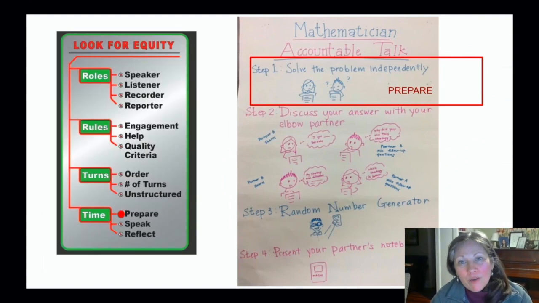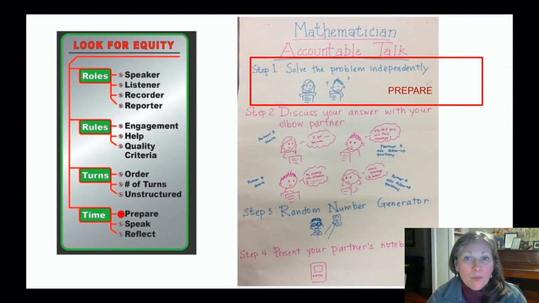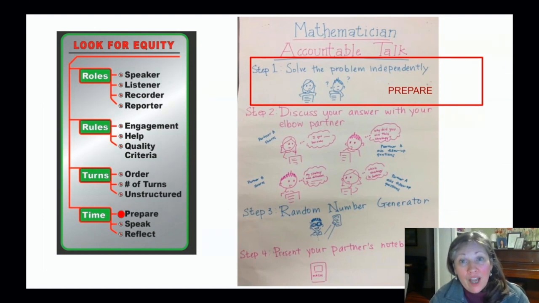When we're looking for equity, we're looking for how students are engaging in the discussion, and as the teacher, we're disrupting social patterns where certain students will have more cultural capital and social capital in a conversation with their friends.